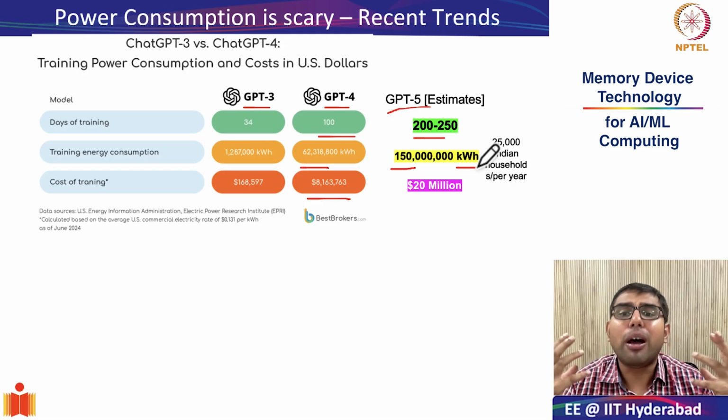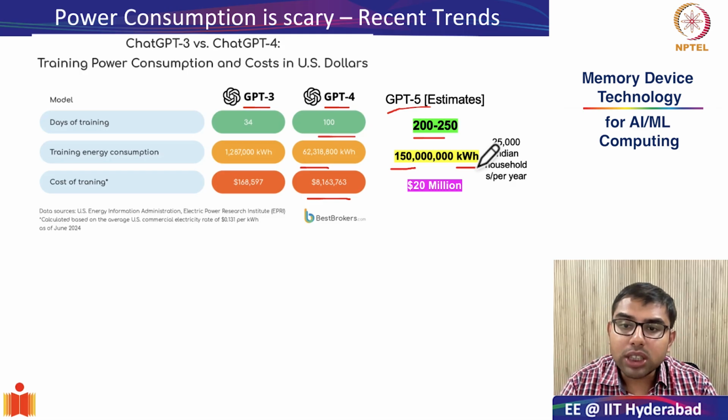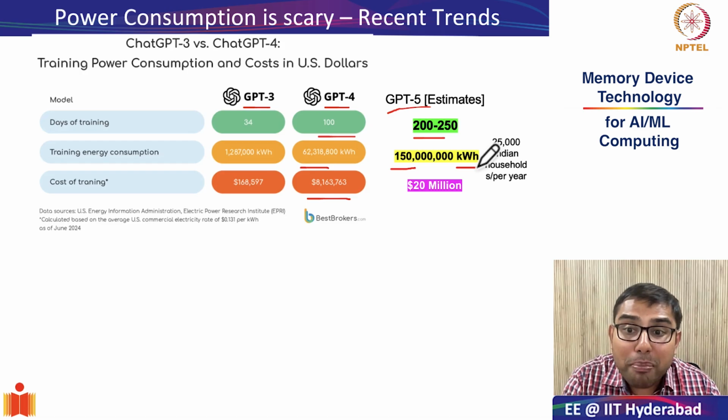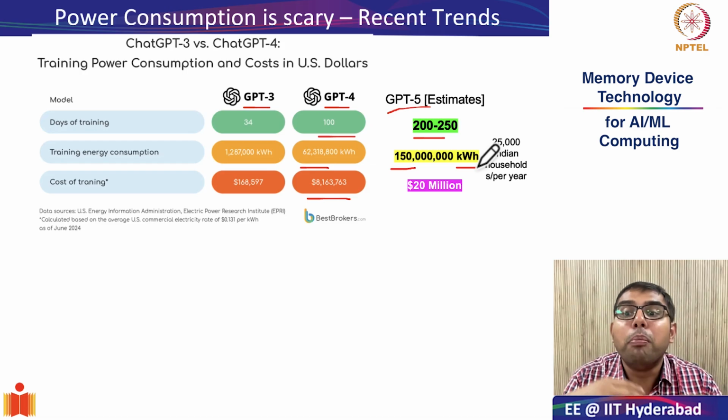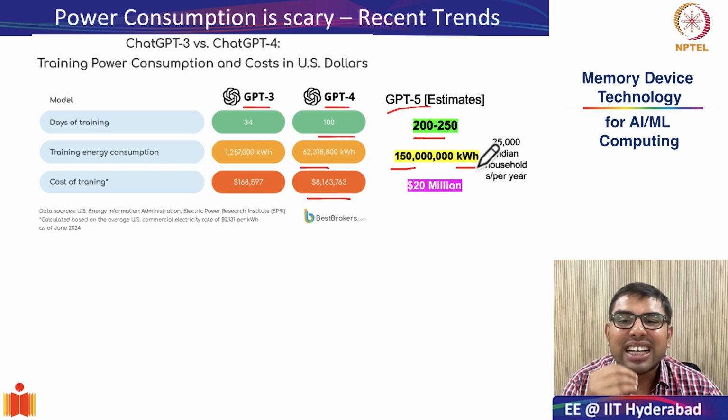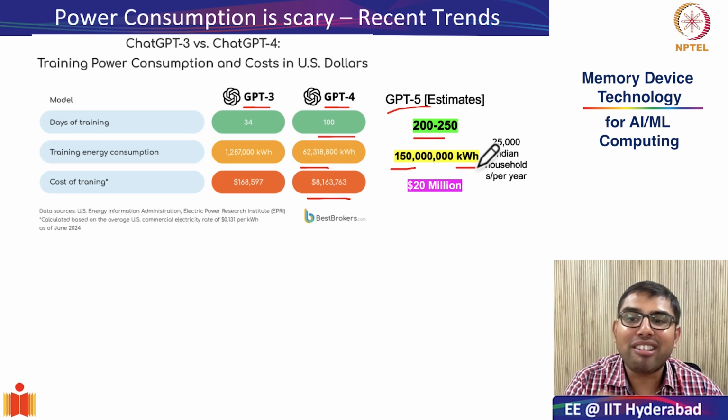Why is this number so steep? This is because as models scale, the parameter count and the training data sets also grow exponentially, and inefficiencies in the memory access and data movement exacerbate the large energy costs. So even a glimpse of GPT-5 reinforces the point I have been trying to make.